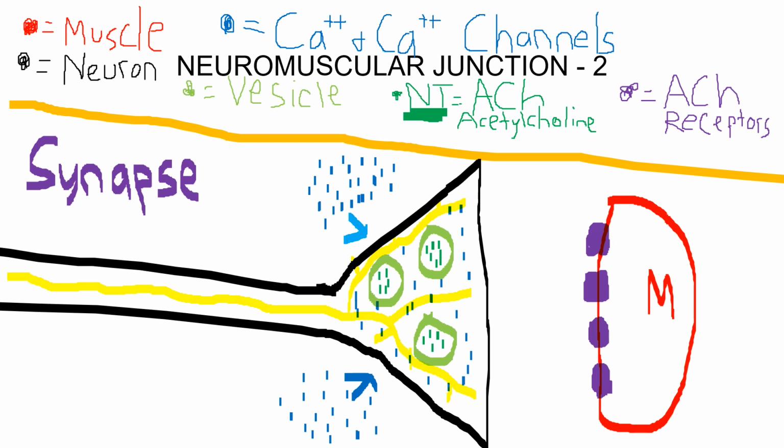So what calcium does is it causes the vesicles to move towards the synaptic cleft. It kind of forces them to migrate towards the edge of the cliff here. And then once they get to the very, very edge, they spit out the contents inside of the vesicle. And we learned about this in Chapter 3.